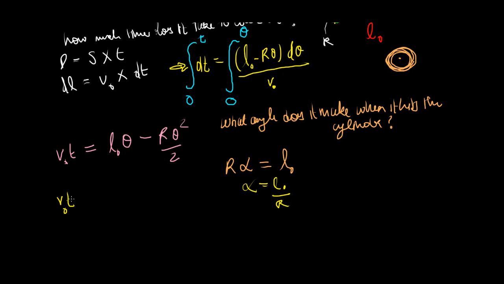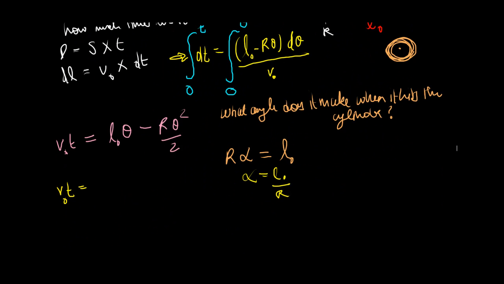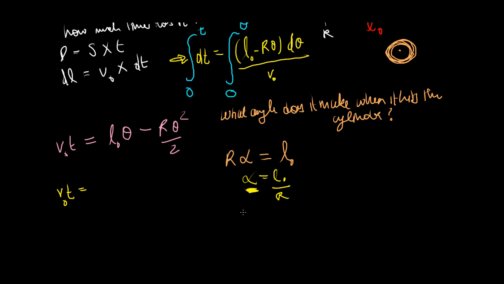So v0 t is equal to L0 times, now they asked how much time it takes to cover this angle alpha, so we'll use the identity we derived just now. Instead of theta, we write L0 divided by R. So this becomes L0 squared over R minus R over 2 times L0 squared over R squared.